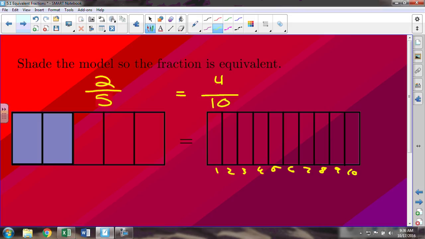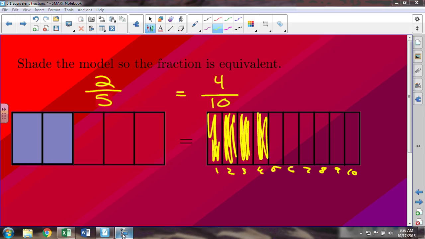Taking times 2, it has to be 4. So what we need to do is shade in 4 of them. Take 1, 2, 3, 4. You'll note I'm not spending a whole lot of time trying to make sure it's absolutely, totally, and completely perfect. It's not important. It's important to demonstrate that you understand.